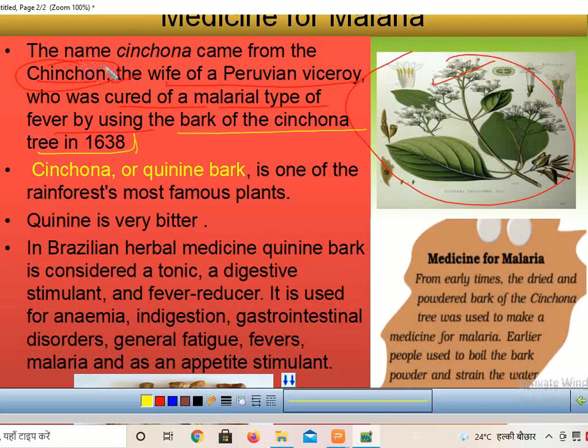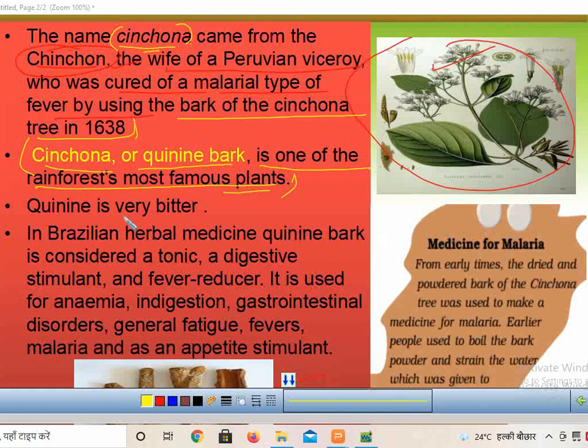Where did cinchona come from? It came from Chinchon, the wife of a Peruvian viceroy, who was cured after the treatment. So cinchona or quinine bark is one of the most famous rainforest plants. It is found in forest areas and its taste is very bitter.